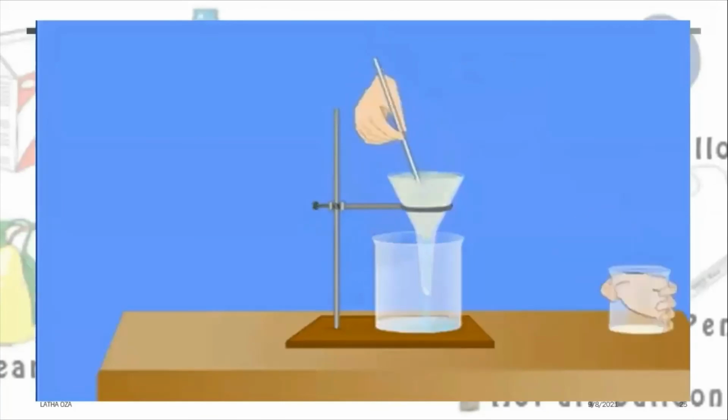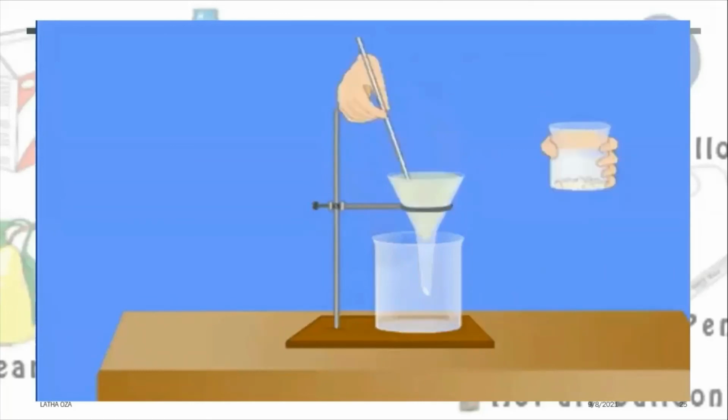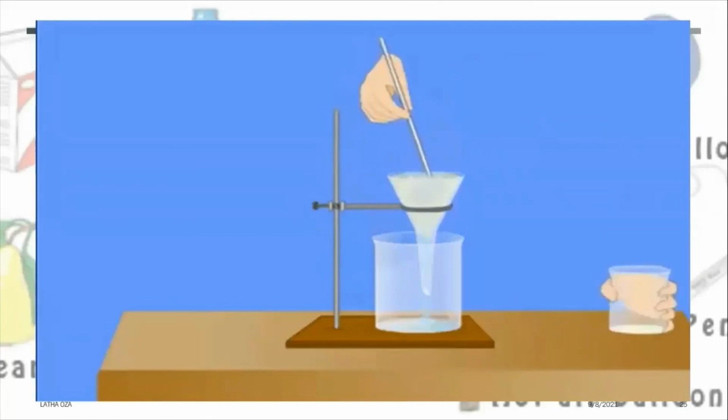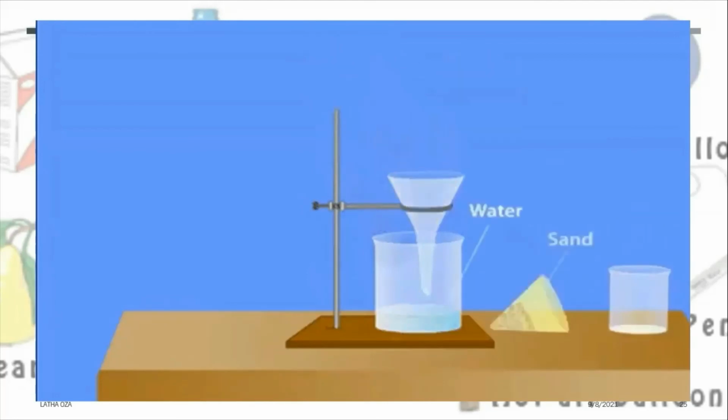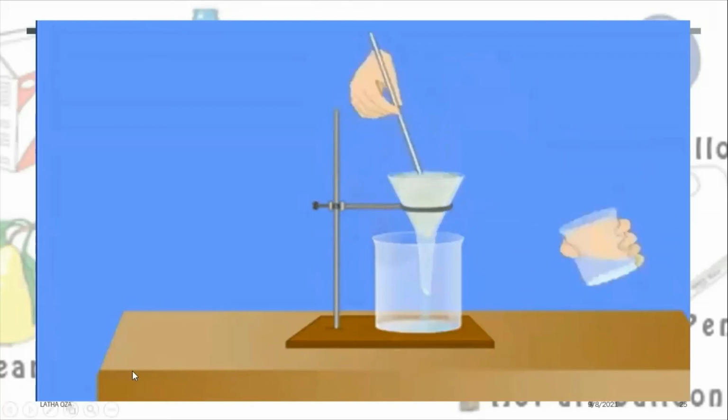You can see the funnel consisting of a filter paper, and the impure water is passed into the funnel, and the salt residue or the sand residue is collected in it. This process is called filtration.